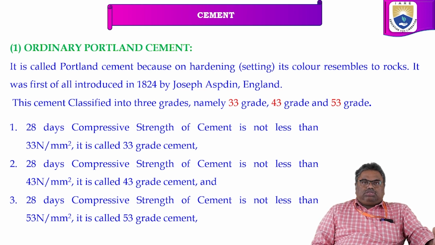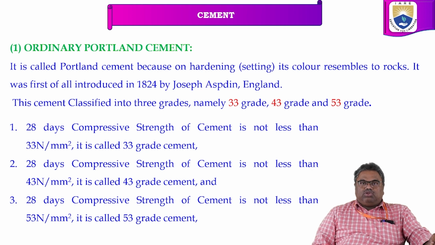The cement is classified into three grades, as I told you in the previous slides: 33 grade, 43 grade, 53 grade. What do 33, 43, 53 mean? They refer to the 28 days compressive strength of cement. If the 28 days compressive strength of the cement is 33 Newton per mm square, then it is called 33 grade cement.